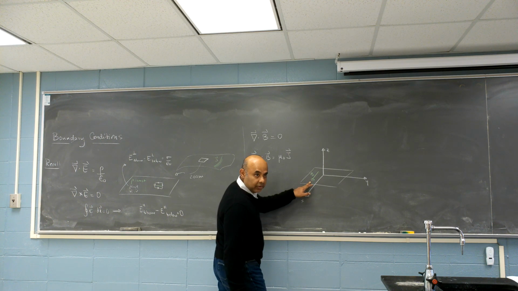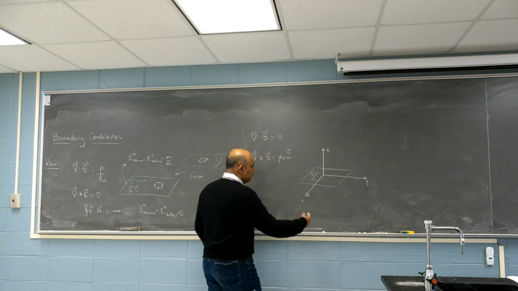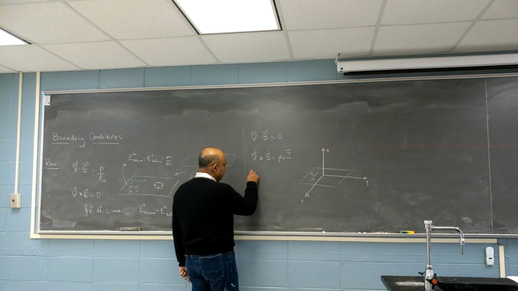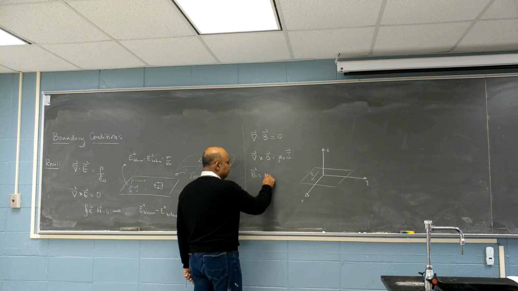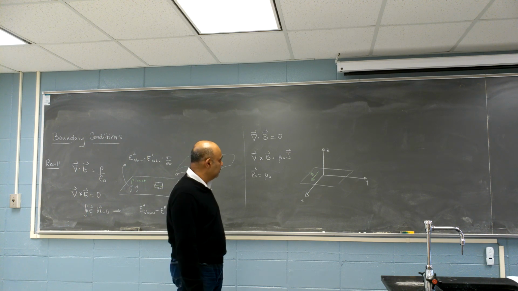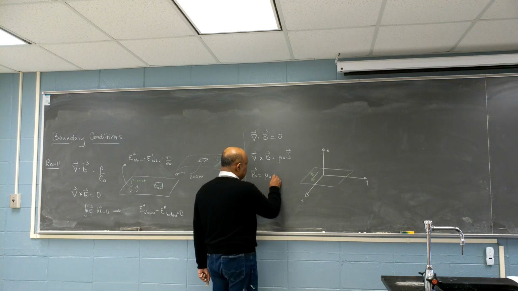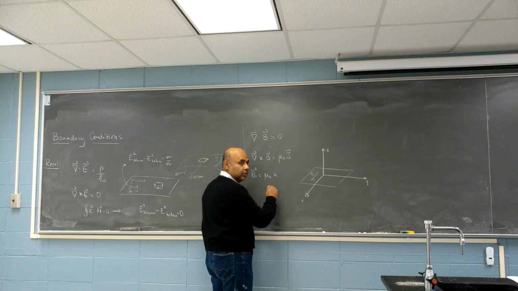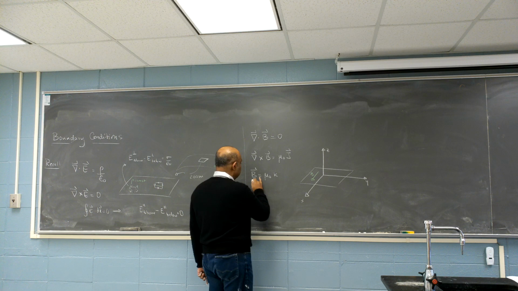Actually, this relates to Martin's question from the previous problem. So B was in the y direction. What did we get? B equals, there's obviously a mu naught k over 2 y hat. Well, it depends on if the z is less than or greater than 0.